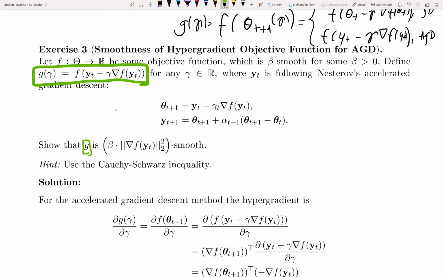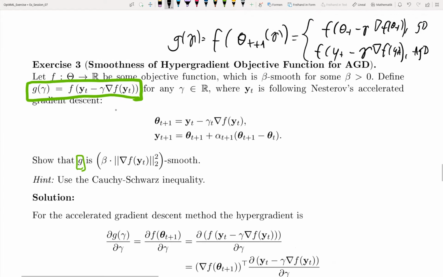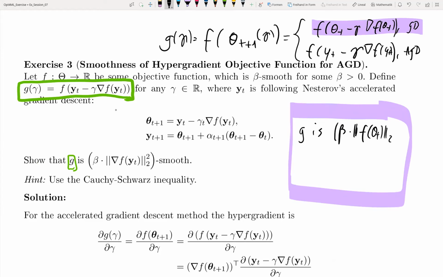And we can also give a similar statement for the plain gradient descent. We can have a similar remark, namely that g is in fact beta times, not the gradient of y, of course, but simply y of theta t, squared smooth. Because it's more or less coming from that one.